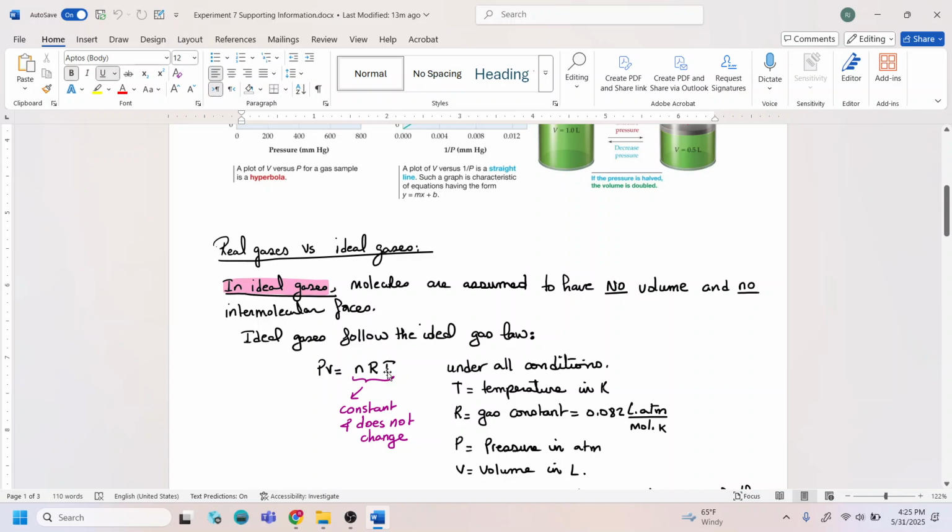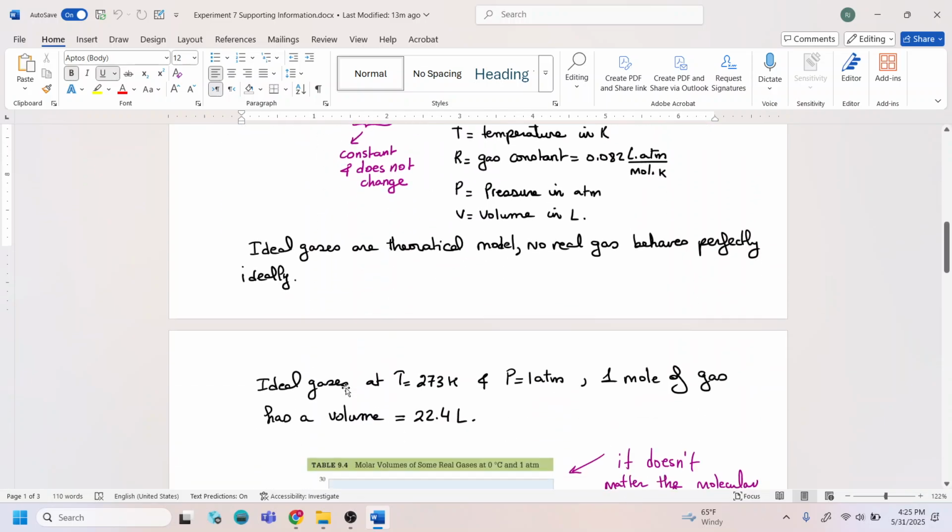If I make the temperature constant and the number of moles constant, and R is constant, which is 0.082, then PV is equal to a constant. So when I am analyzing ideal gases, the product of the pressure and the volume is always constant. It will not change for ideal gases.